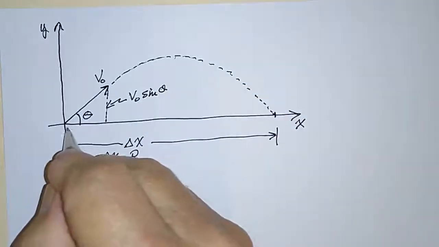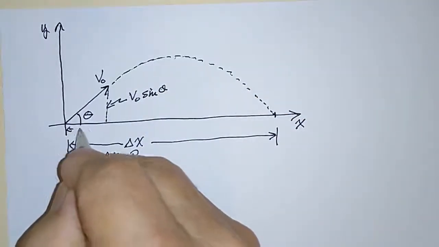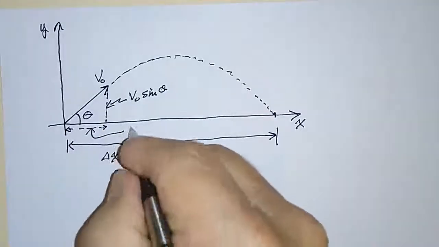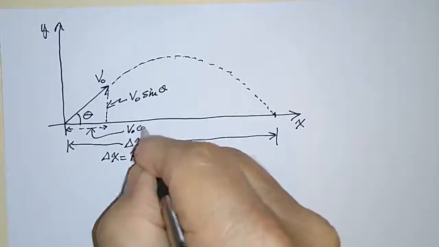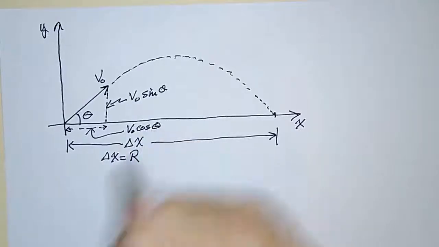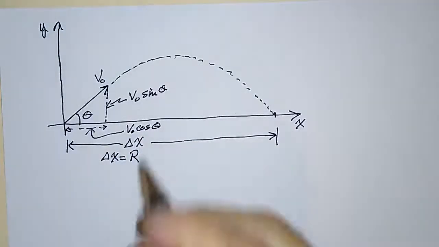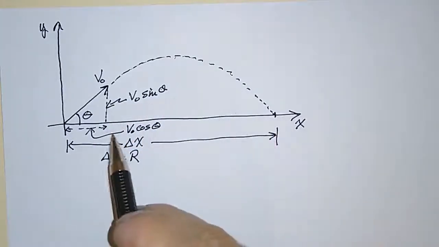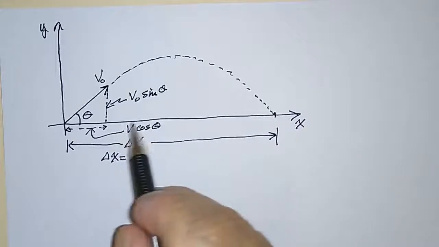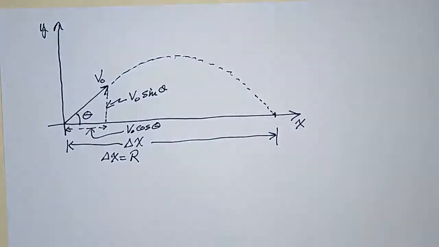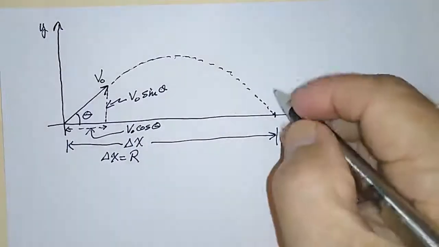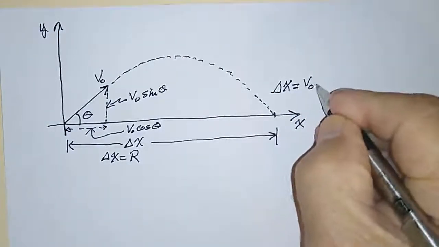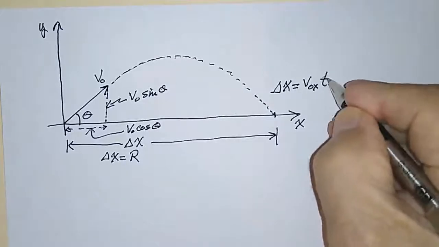And the x component of the velocity, this part right here, is just equal to v0 times the cosine of theta. So if we knew how long this thing is in the air, and we multiply that times the x component of the velocity, that would give us the range. In other words, the range, delta x, is going to be equal to v0x times the time of flight.